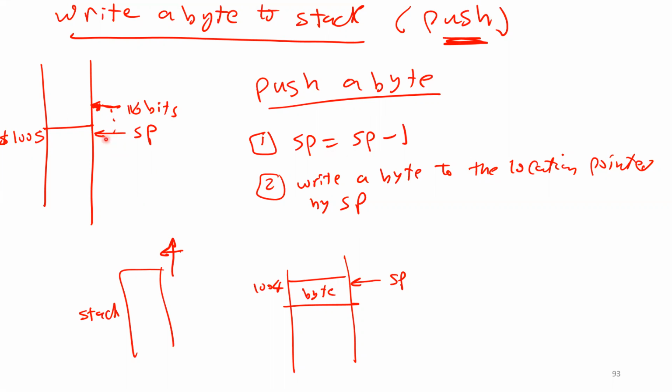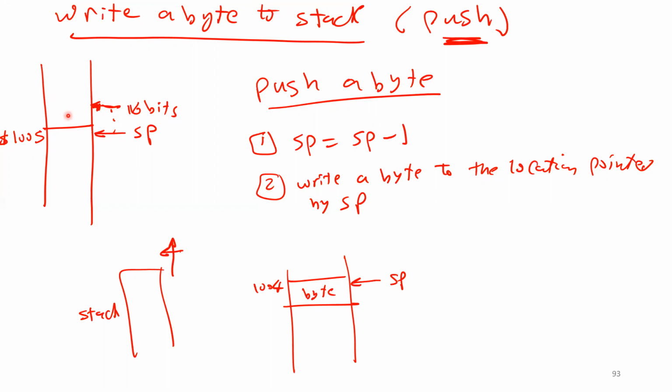A stack pointer, for example, should point at the top of the stack. Now I want to write a byte. So number one, the stack pointer has to be decremented by 1 so that I can go to an empty location, because this is the top of the stack. So it has to be decremented by 1 so that the stack pointer can point at an empty location.